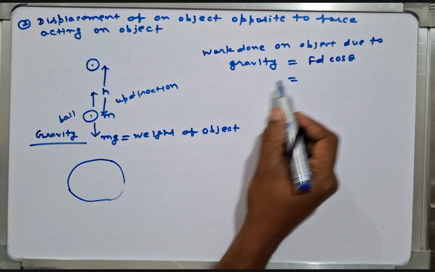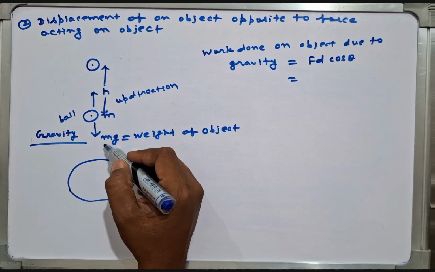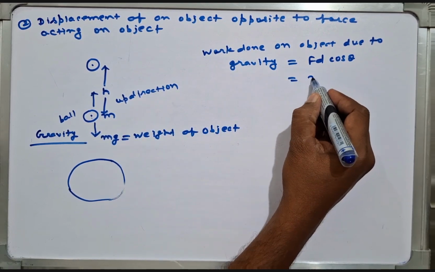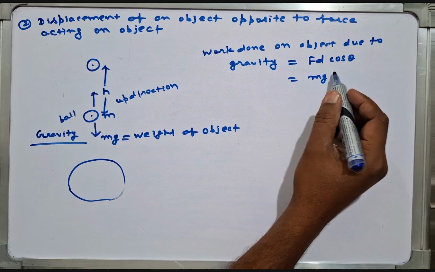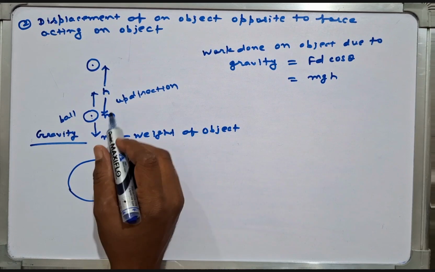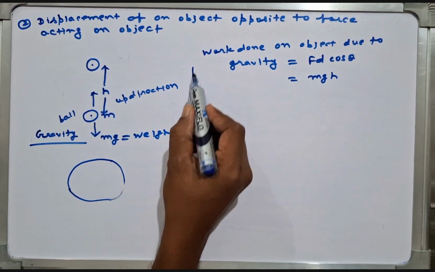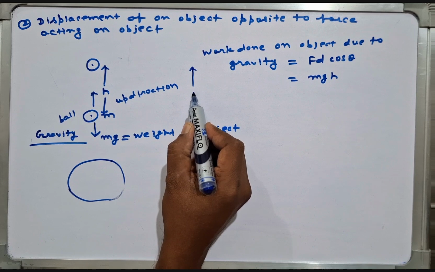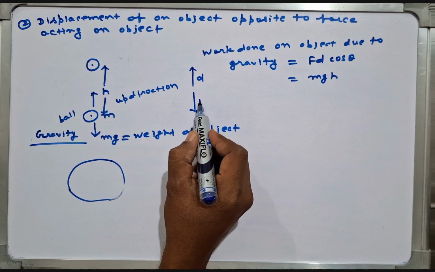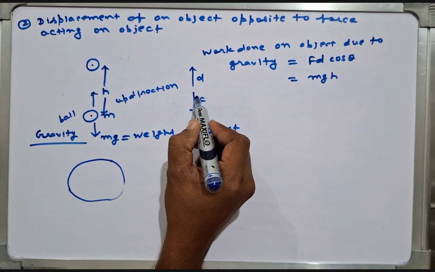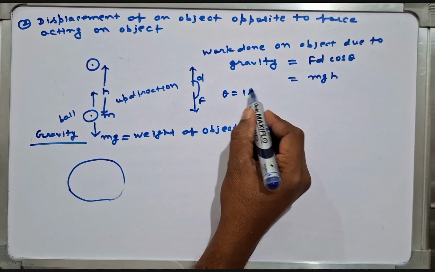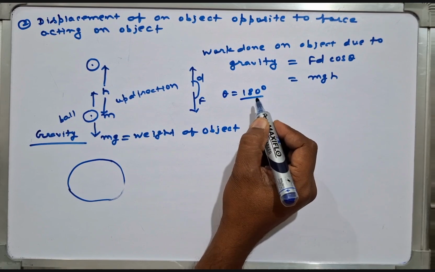Force is acting in the down direction, which is the weight of the object, and d is here h. If this one is the direction of displacement d and this is the force F, then the angle between them is theta equal to 180 degrees.